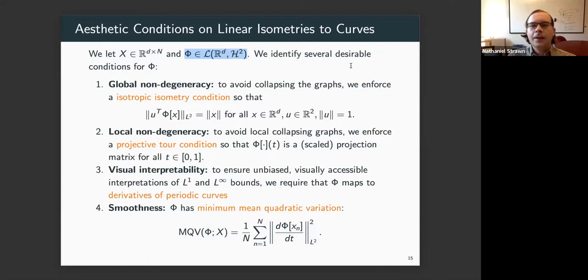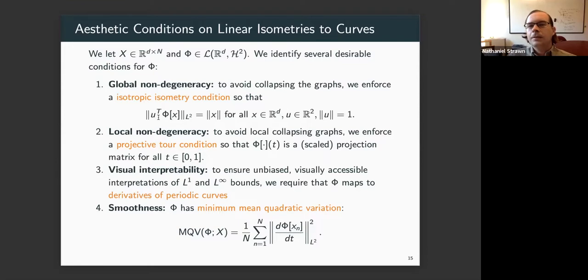So we're going to identify 4 different properties that are desirable for this phi. The first is a property that prevents global degeneracy. To avoid collapsing graphs, we're going to enforce what we'll call an isotropic isometry condition. That means that for any direction u in R^2, when I take the L2 norm of u transpose phi applied to the data point, that's always equal to the norm in the data space.